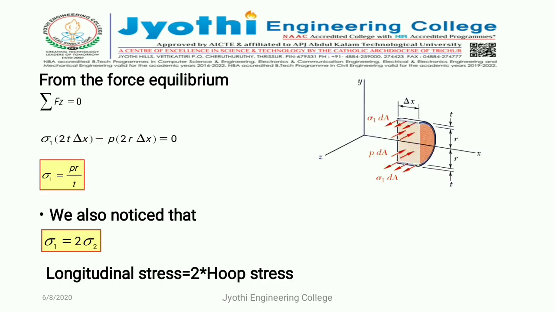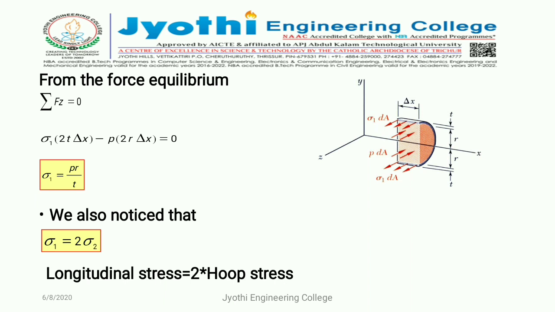Forces developed in the Z direction are due to stresses acting in the Z direction and fluid pressure along the Z direction. Stress acts on area 2T into delta x, and pressure acts on area 2R into delta x.